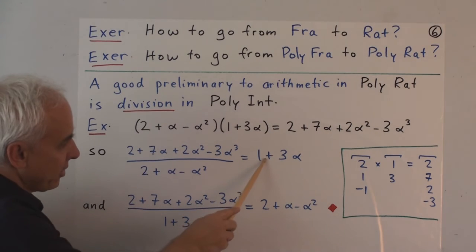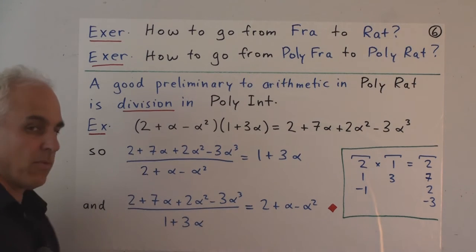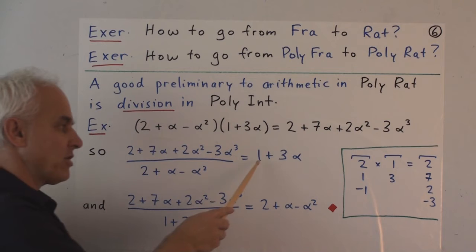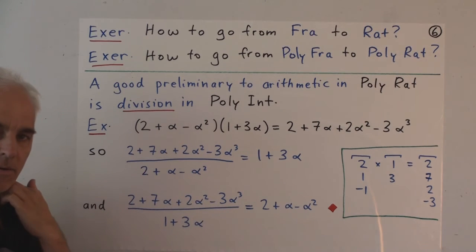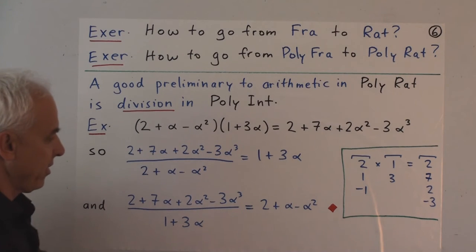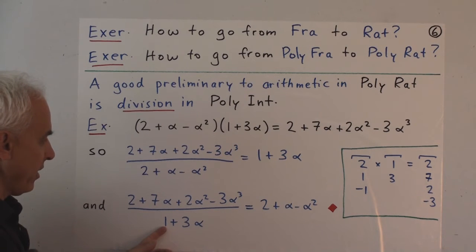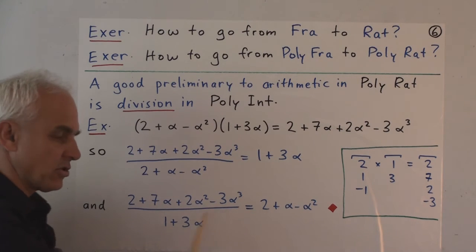So the constant term here times the constant term here equals 2. That means that the constant term really has to be 1. And similarly over here, the constant term on this side, whatever it is, times 1 has to be 2. So in this case, the constant term has to be 2.